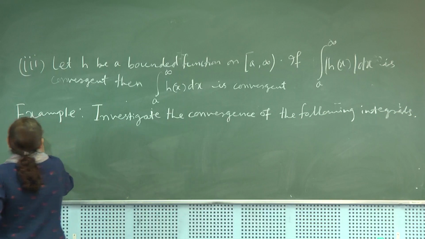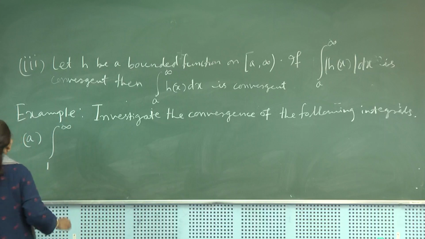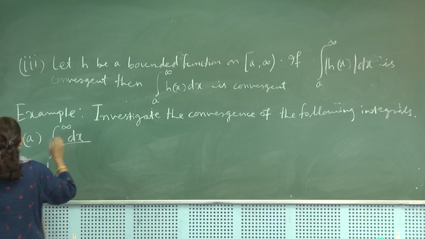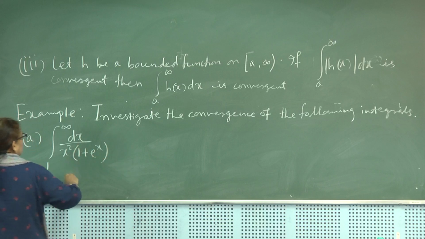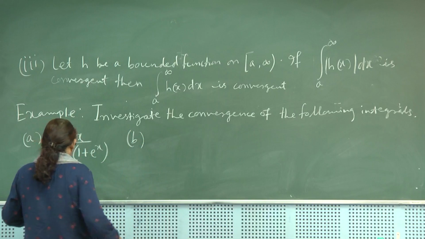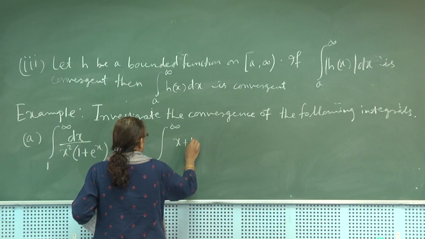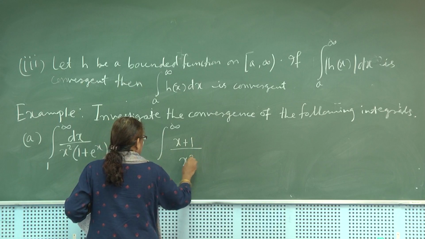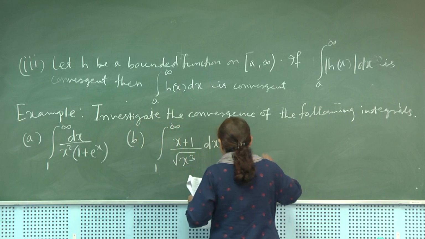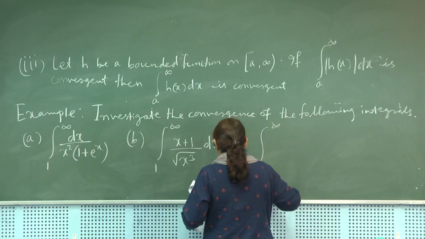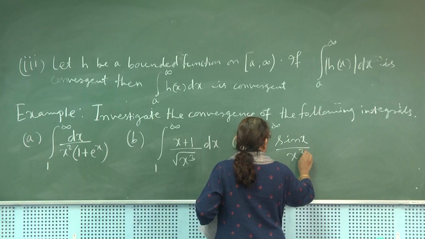Here the first one I am considering is the integral from 1 to infinity of dx by x square times (1 plus e to the power x). Then next, the integral from 1 to infinity of (x plus 1) divided by square root of x cube dx, and the third one I am taking is the integral from 1 to infinity of sin x by x cube dx.